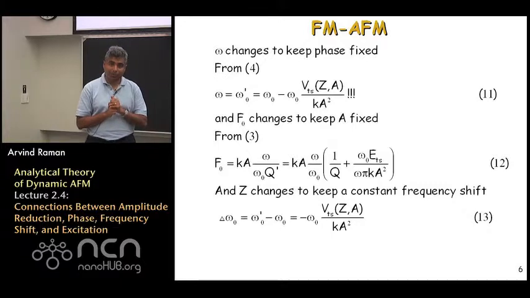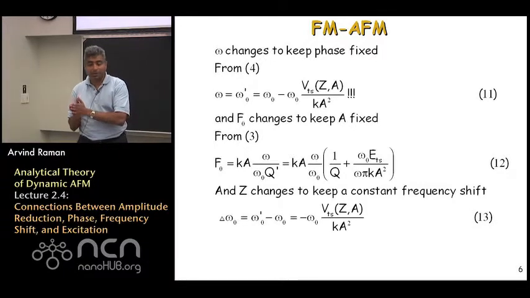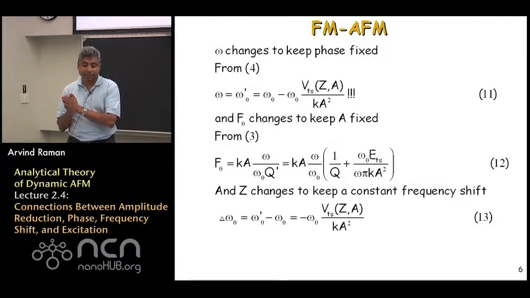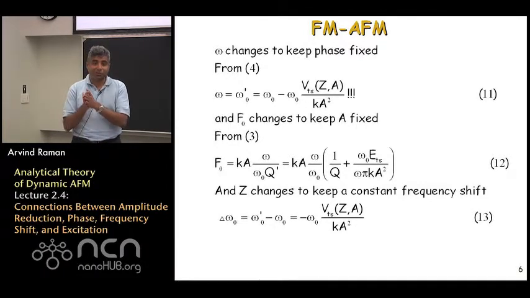So we go back to equation 4 at the start of this lecture and set the phase lag to 90 degrees, which requires omega, the excitation frequency, to equal omega naught prime, which is described in terms of VTS as shown here. So the requirement that the phase lag equals 90 degrees means the excitation frequency is tuned to equal the modified natural frequency omega naught prime.